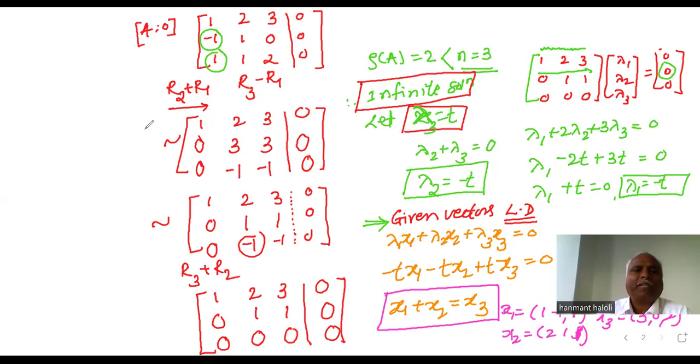From the given vectors you can see x1 plus x2: first component, 1 plus 2 equal to 3.